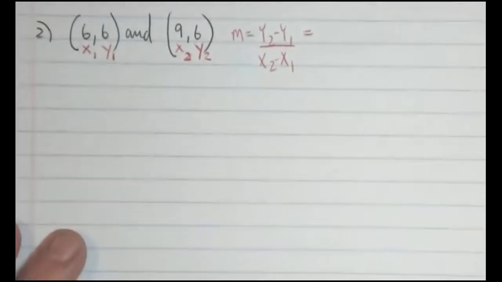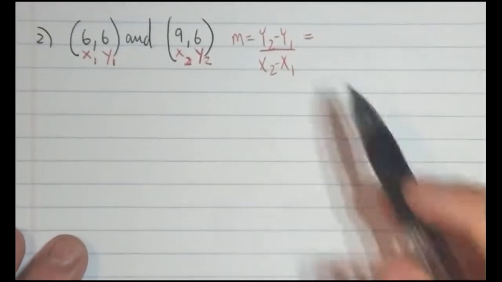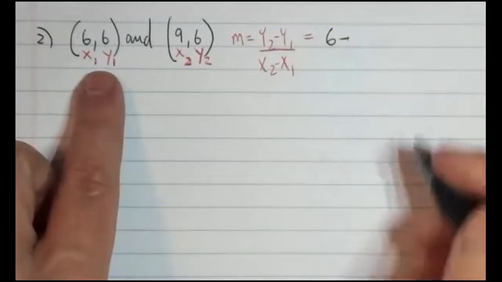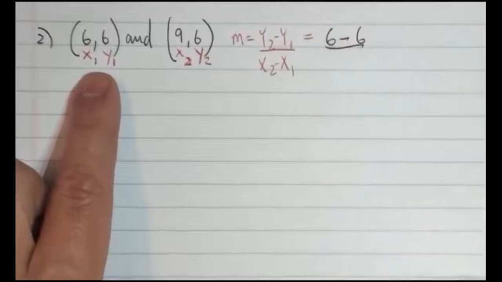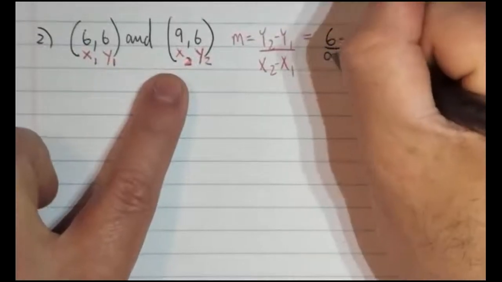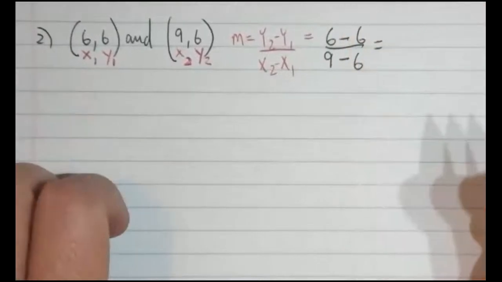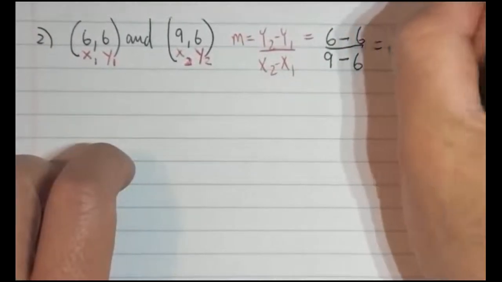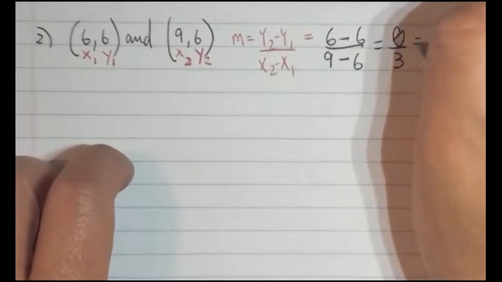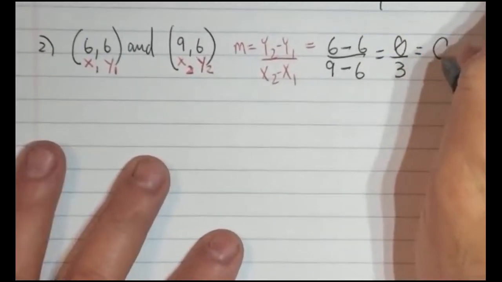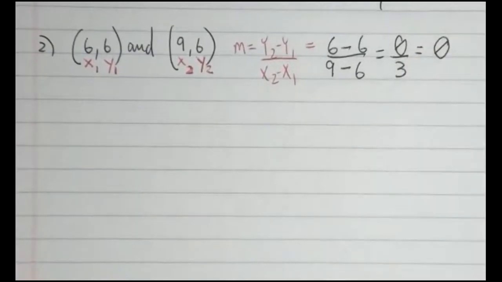That's not going anywhere. So again, y2 is 6, take away y1, which is 6, so 6 minus 6, over x2, which is 9, minus x1, which is 6. So you end up getting 0 over 3. We know 0 divided by 3 is just going to be 0. So what type of line are we talking about where we get a slope of 0?